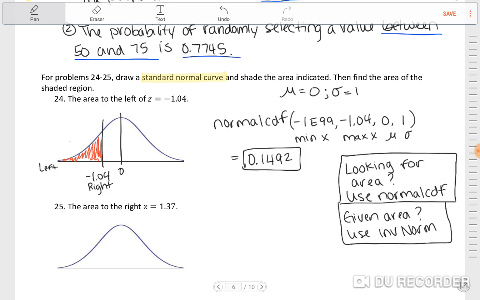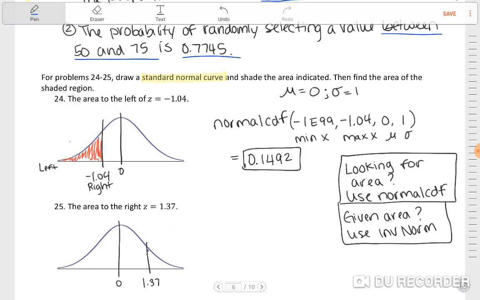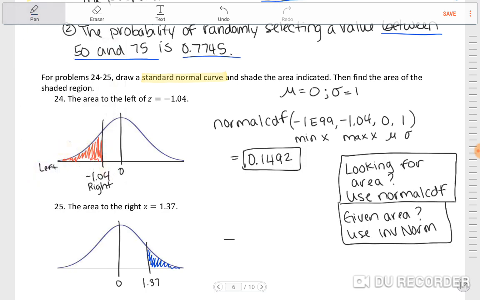Okay, so the area to the right of z, so again, we'll put our mean 0 in the middle. Z, 1.37 should be way over here. And then it says the area to the right. Okay, so area to the right, we're going to do normal CDF.